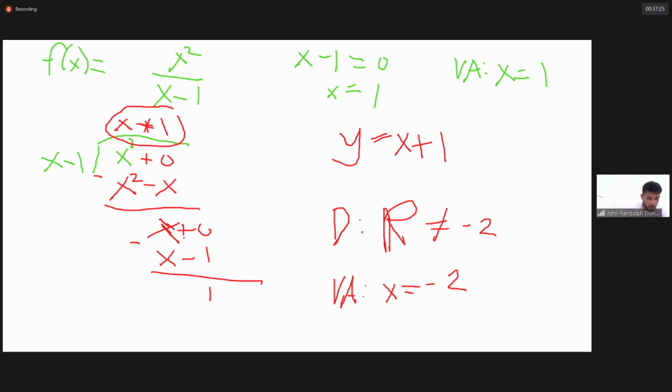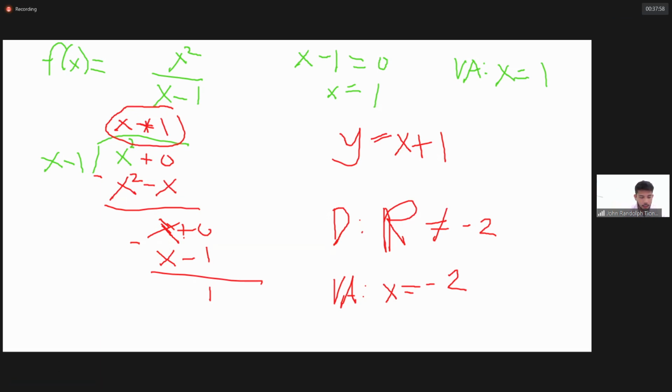What are you going to equate? Factor nyo numerator and denominator, then identify the restrictions, and then identify the values of x that make the numerator equal to 0. So equate mo lang yung numerator into 0. So x minus 5 equals 0, therefore x equals 5. That's the zero of your function.